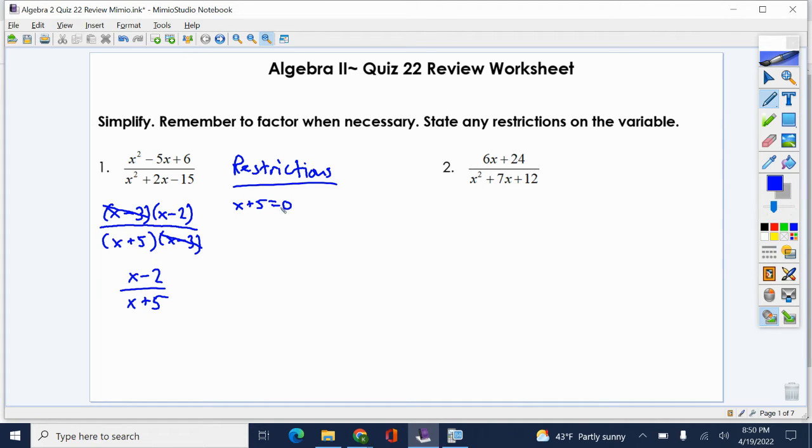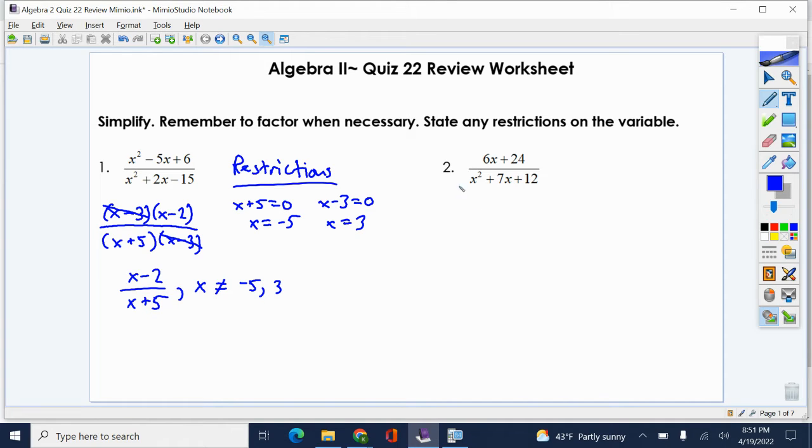So x plus 5 set to 0 means that x in this case would be -5, which means it can't be -5 in the original problem. X minus 3 was also in the denominator. So if x minus 3 is 0, then x is 3. So my answer is this, but x is not equal to -5 or 3.